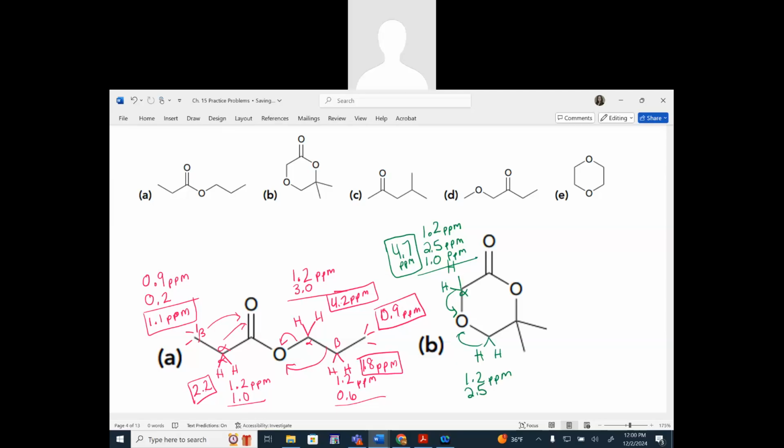And these are also beta to this oxygen here, so this would be the alpha, this would be the beta position to that oxygen. So we add 1/5 of 3.0 because it's an oxygen of that ester. We add all these together and we get about 4.3.